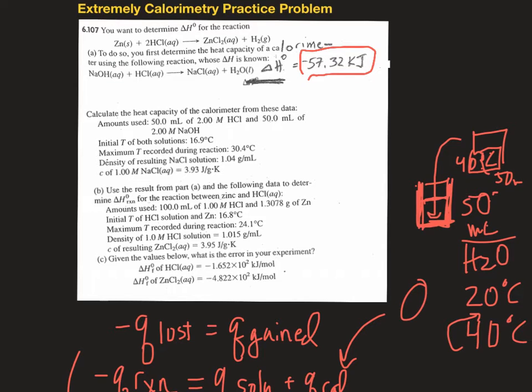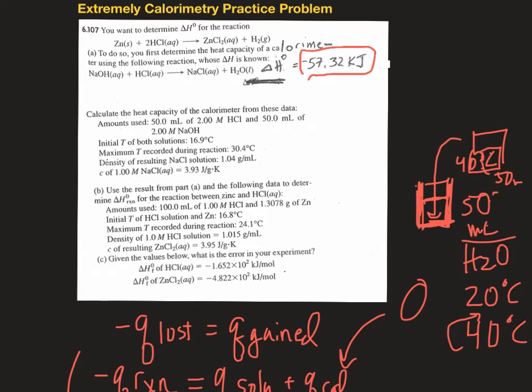Amounts used: 50 mL of 2 molar HCl and 50 mL of 2 molar NaOH. So we have equal volumes and we have equimolar. Initial T of both solutions is 16.9. That's good, so that we don't have to worry about some initial temperature being different, because if they started at slightly different temperatures, then it complicates the process more.